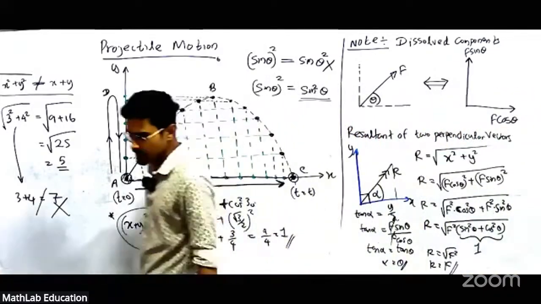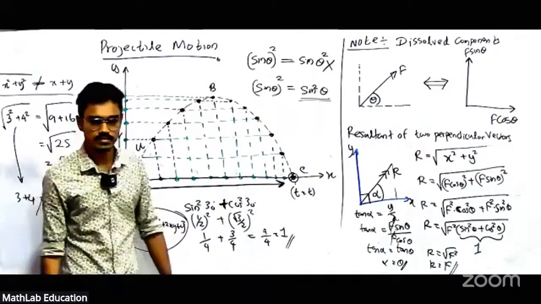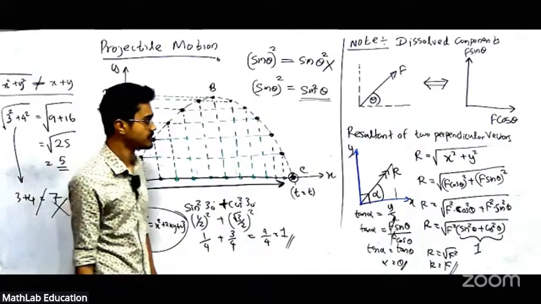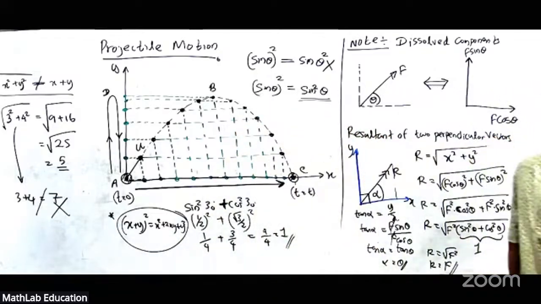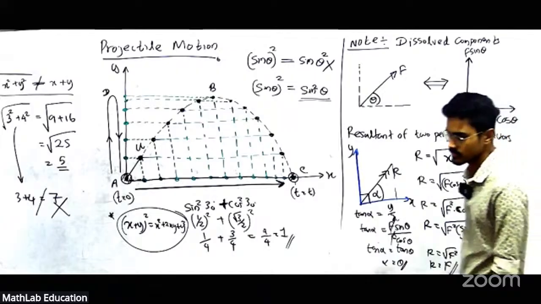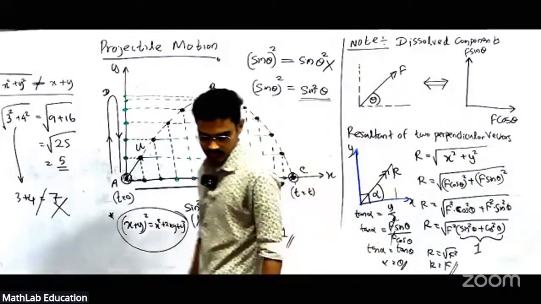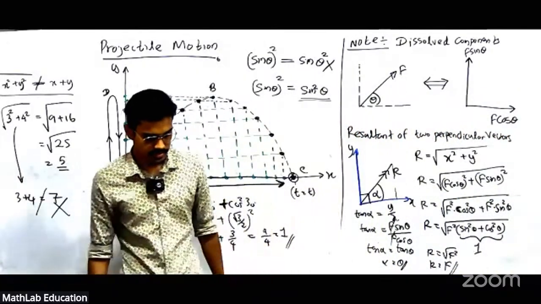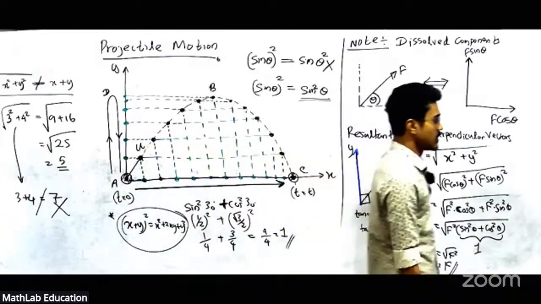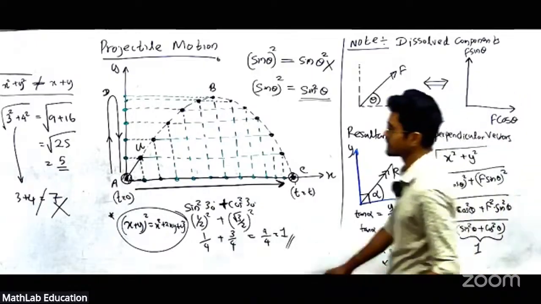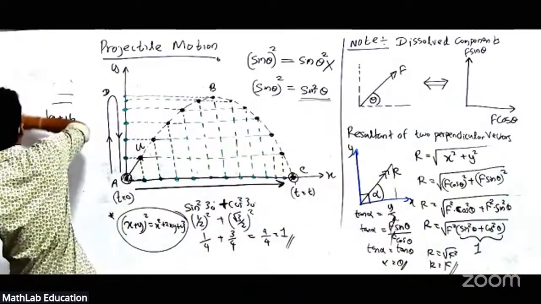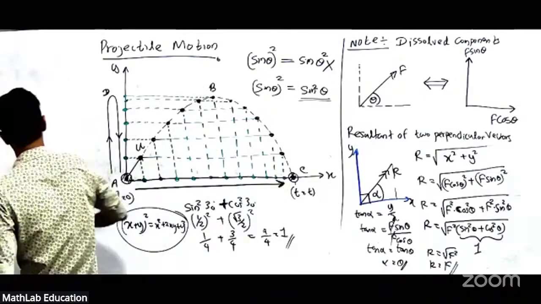Is it all good up to this point? Clear. All good. Okay, so let's move on. Let's see an example of this using numbers to understand this better.